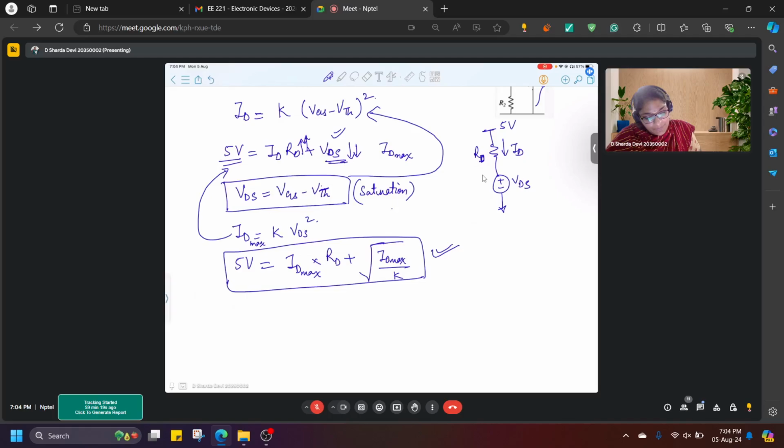We can solve it by squaring on both sides. If we square both sides, we will get 25 equal to an expression in ID max.